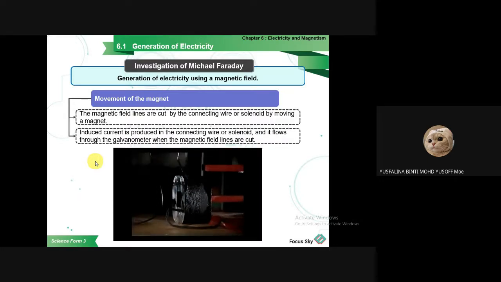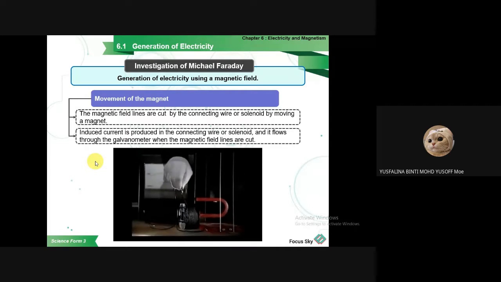So, movement of the magnet: the magnetic field lines are cut by the connecting wire or solenoid by moving a magnet. Either you move the connecting wire or the solenoid, or you can also produce it by moving a magnet. So let's see this video.